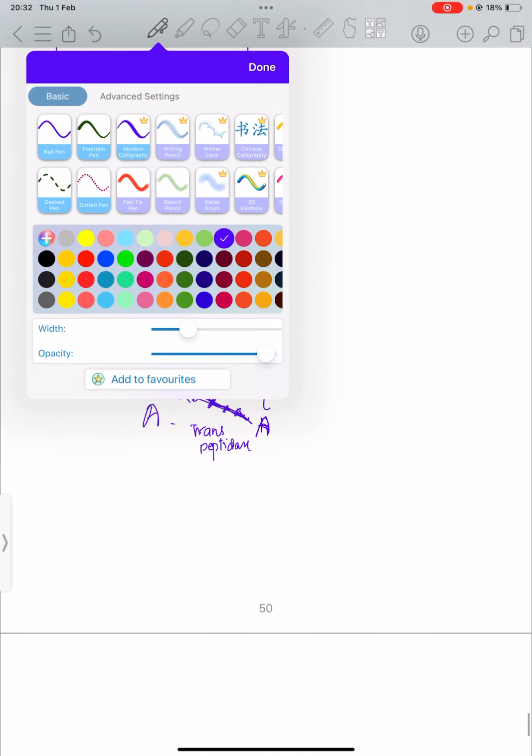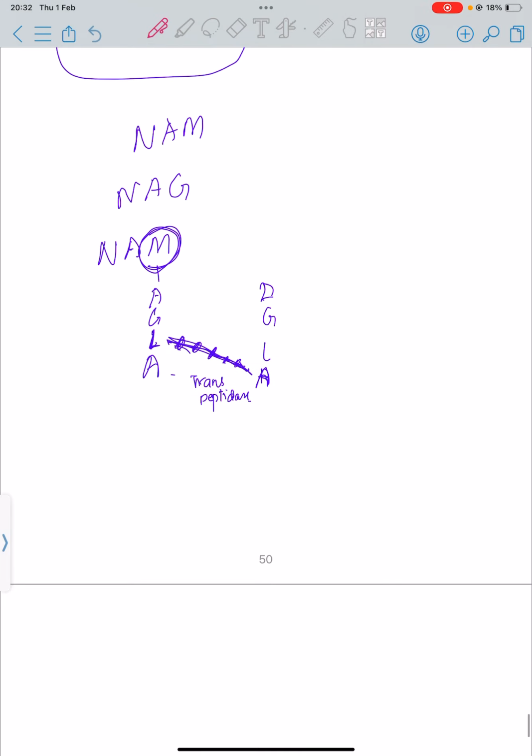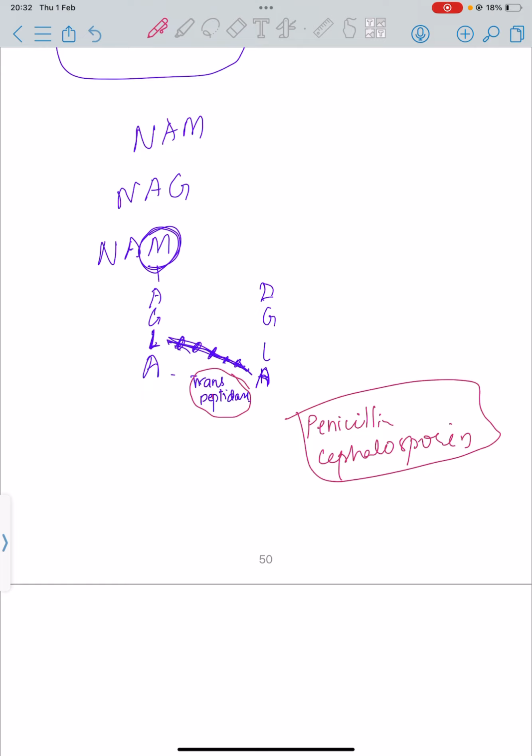Yes. So there are drugs which target this transpeptidase enzyme, and these are penicillin, cephalosporin, or you may also call beta lactam drugs. So beta lactam drugs basically target this transpeptidase enzyme.